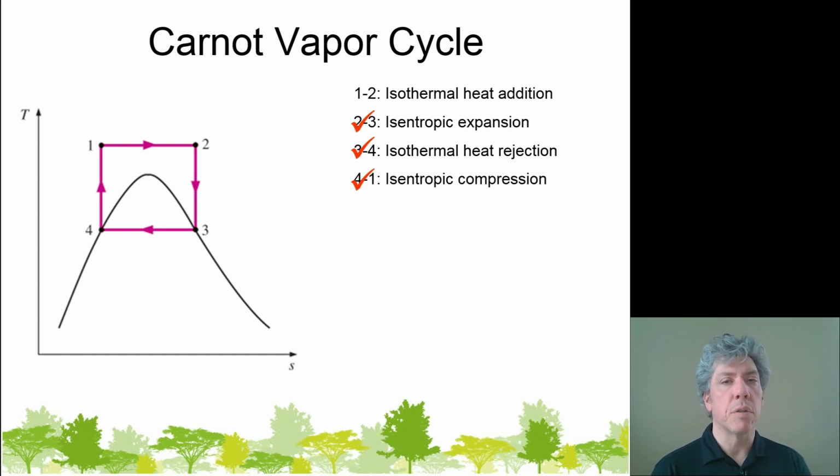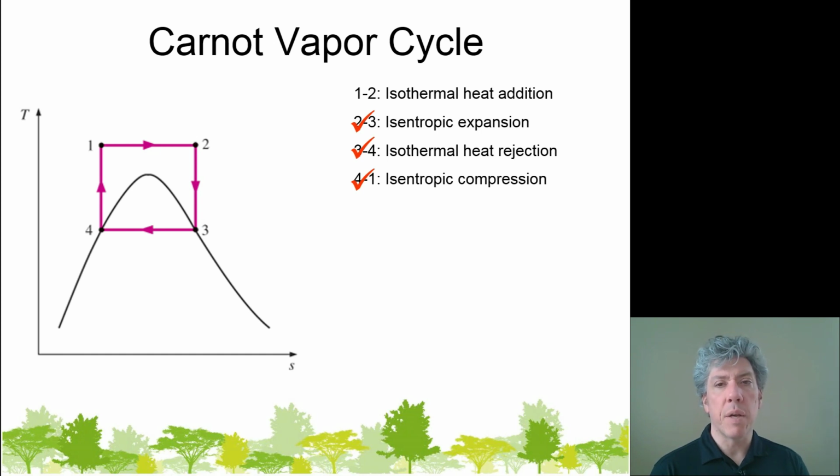This makes sense also, since the vapor, usually water, is at the saturated vapor state, and as long as we can hold the pressure constant as we remove heat from the working fluid, say in a heat exchanger, all that's going to happen is a phase change. There won't be a temperature change. So we could pretty easily accomplish an essentially isothermal heat rejection process. So far, this is looking pretty good. The Carnot cycle looks very promising.